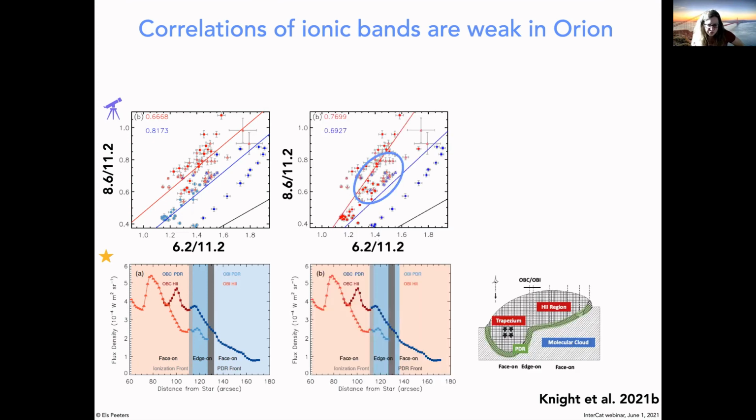So we did a different distribution or color coding, and we asked ourselves, maybe the edge-on PDR is different from the other regions. So in the H2 region, where we have a face-on PDR in the deck, and beyond the Orion bar, where we also see this face-on PDR. And so it works better, but you can see that we still have some blue points that are mixed in with the red points.